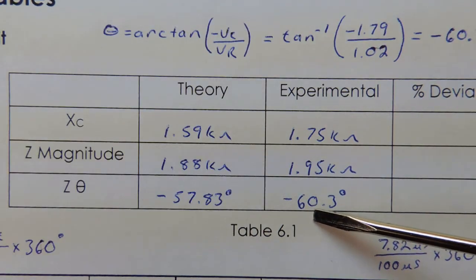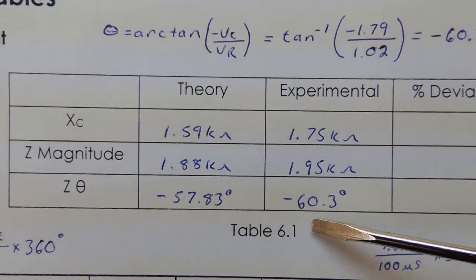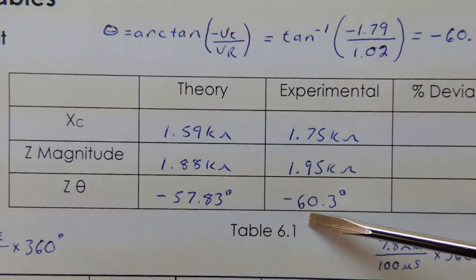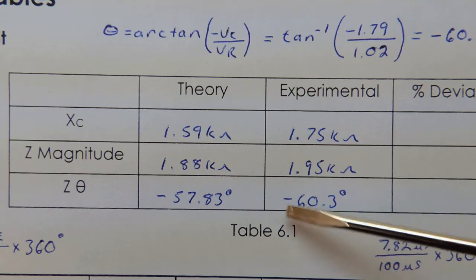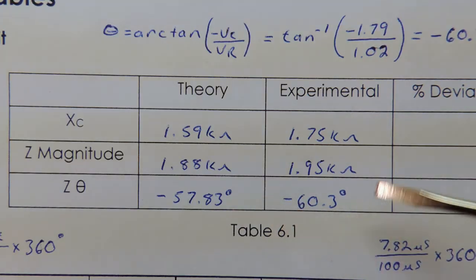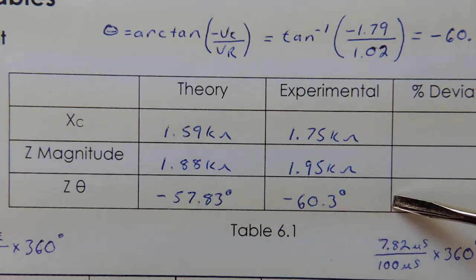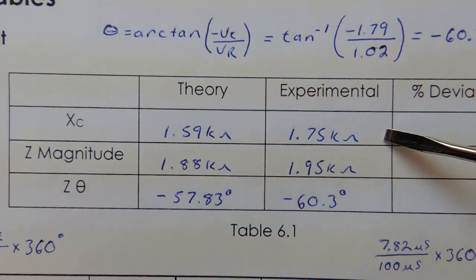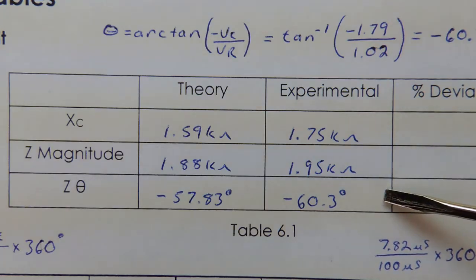And my phase angle, it looks like 60 degrees versus 57 is pretty close again. So all these percent deviations I'm going to leave you to figure out. Remember, if you're getting 20% or more deviation, you've probably done something wrong.